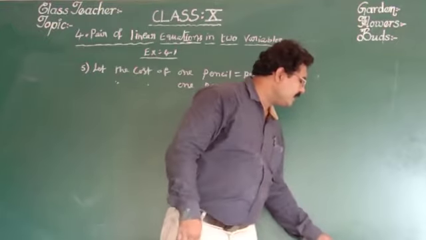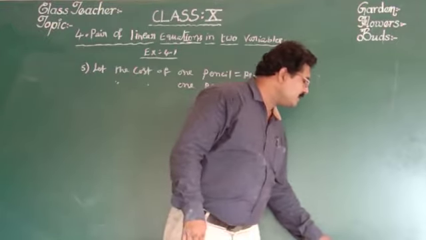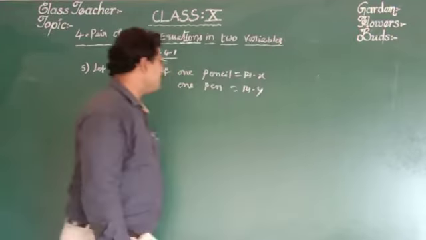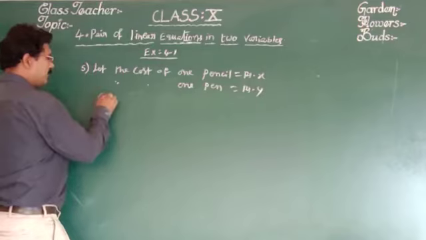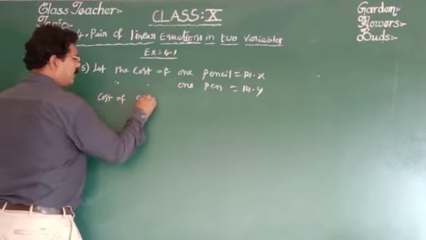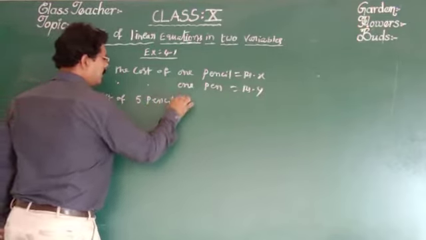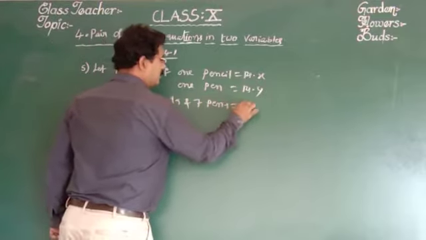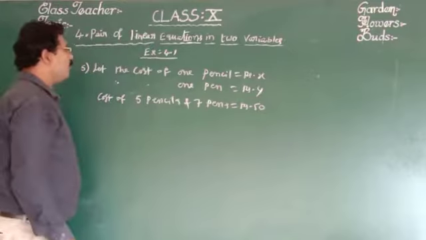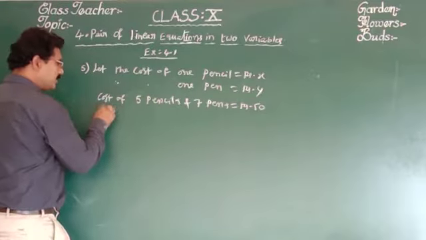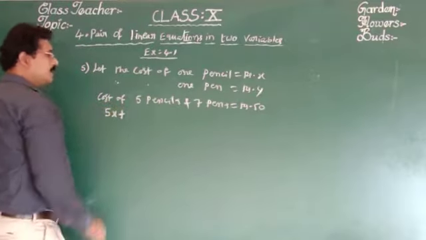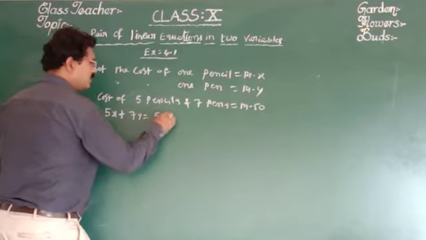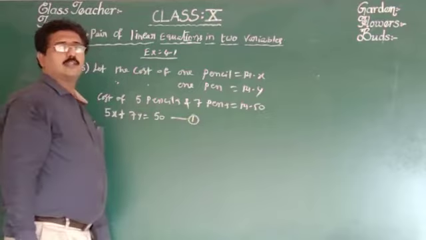Now what is given? The total cost of 5 pencils and 7 pens is 50 rupees. 5 pencils means 5x, plus 7 pens means 7 into y, is equal to 50 rupees. Call it equation number 1.